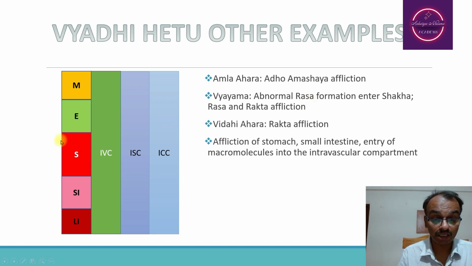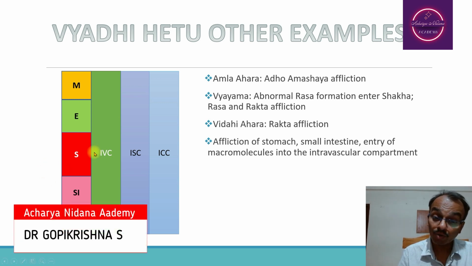Naturally, if the person is doing vyayama soon after consumption of the food, that may be responsible for an increase of blood supply to the muscles, thereby the blood supply to the stomach or small intestine may be lessened. In that way, abnormal rasa formation is going to take place.